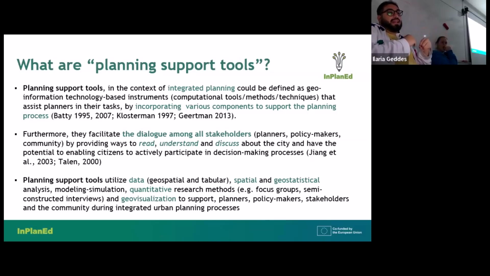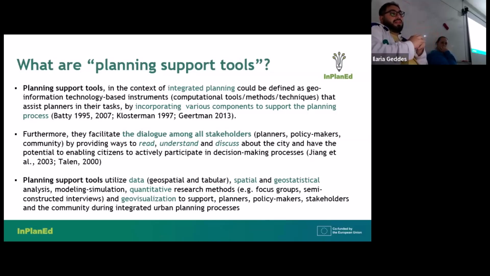They utilize data and statistical analysis, but we also have to keep in mind that plan support tools include the quantitative research methods that Dimitris also mentioned, such as focus group interviews, but also participatory quantitative tools.